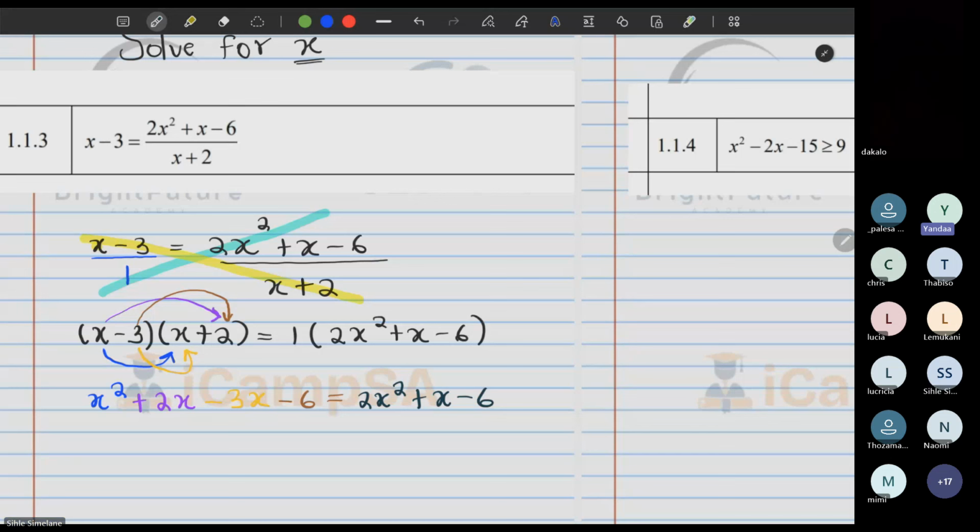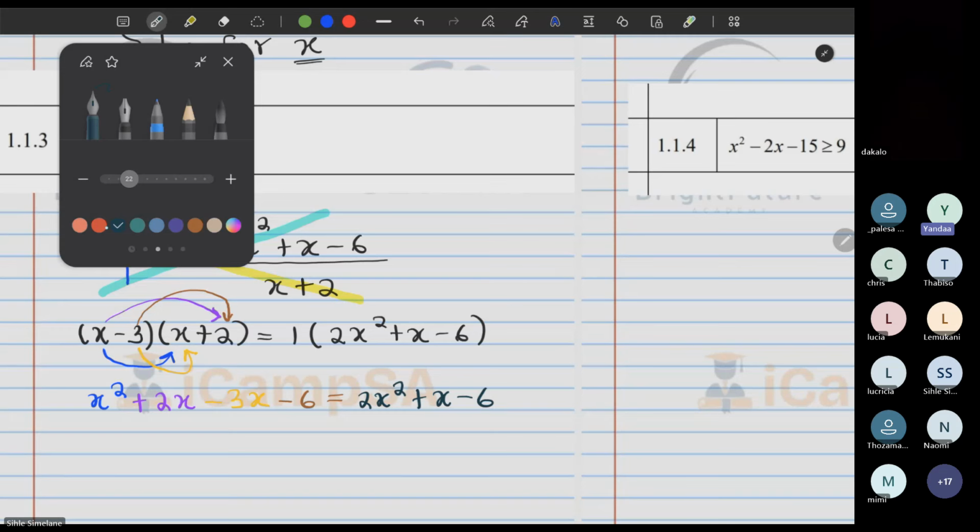Minus 3x, on point. Then now we've dealt with the first term on the second bracket. We go to the next term. Look at the brown. It takes minus 3, pushes it to positive 2. What is minus 3 times positive 2? Negative 6. Minus 6, on point. That is how we got that. Okay, do you understand? Yes, sir.